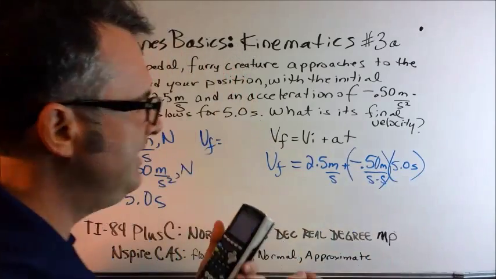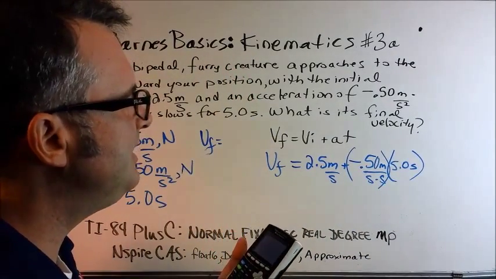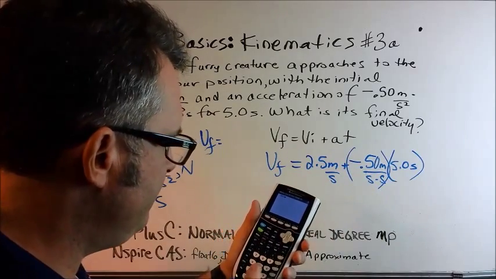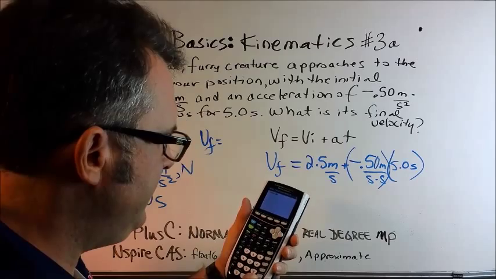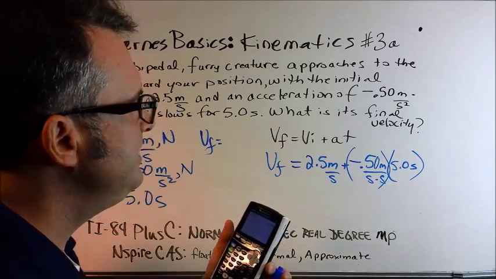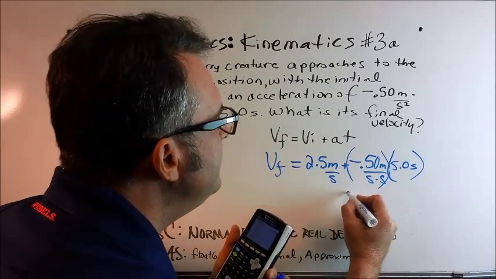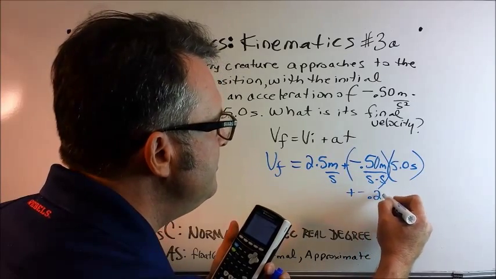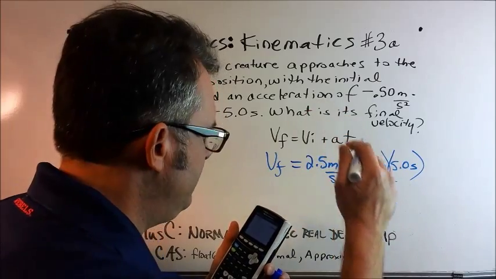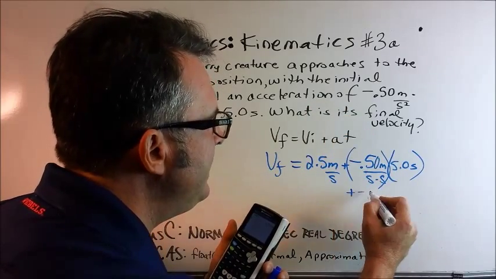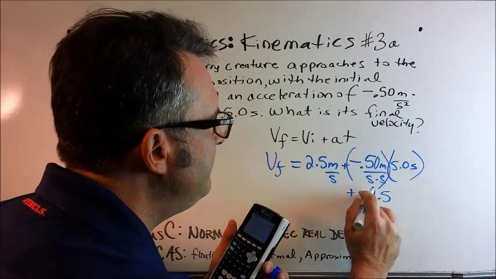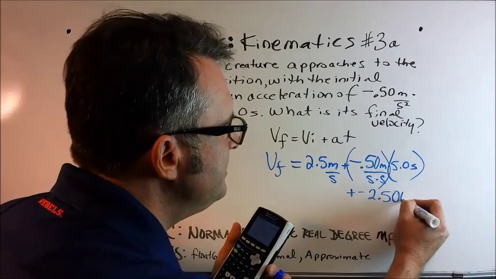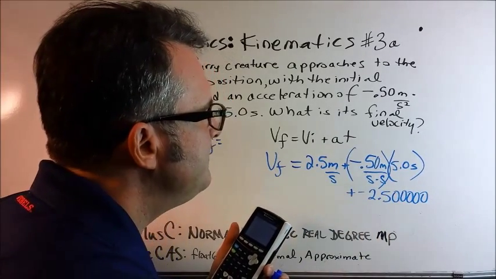It's not that big of a deal, but let's not confuse anybody. Negative 0.50 multiplied by 5.0 and hit enter, and we get negative 2.5, and we get about 5 zeros: 1, 2, 3, 4, 5.